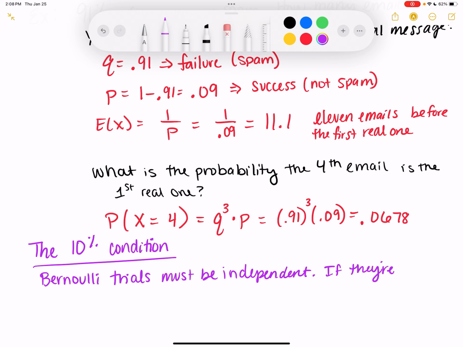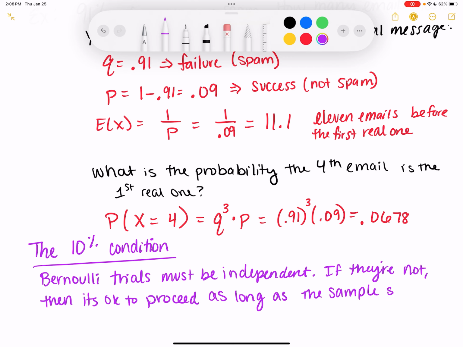If they're not, then it's okay to proceed, as long as the sample size is less than 10% of the population.